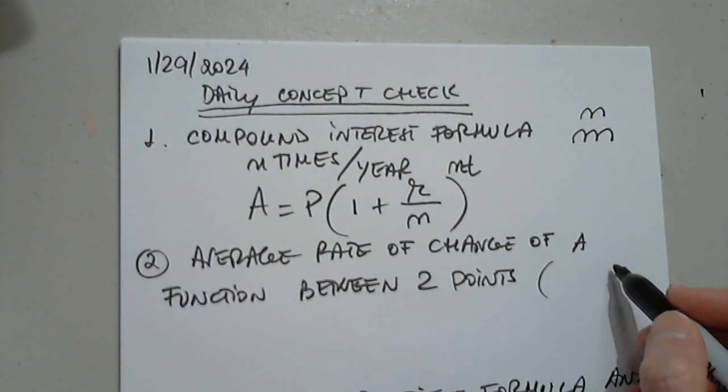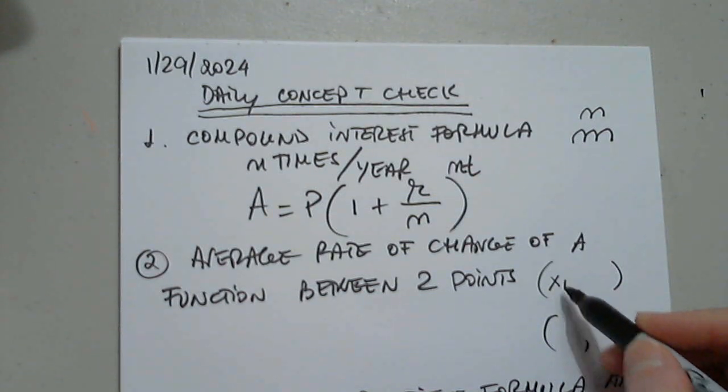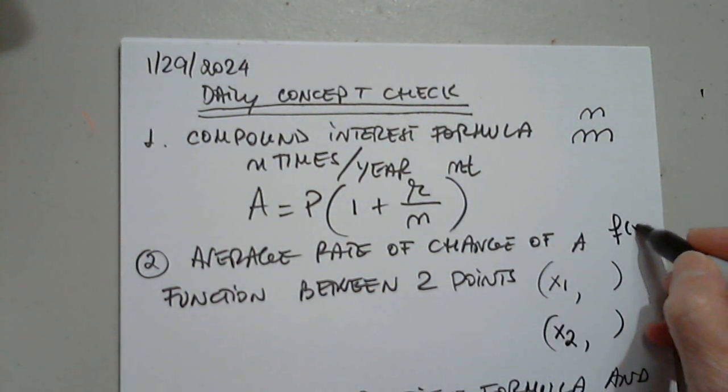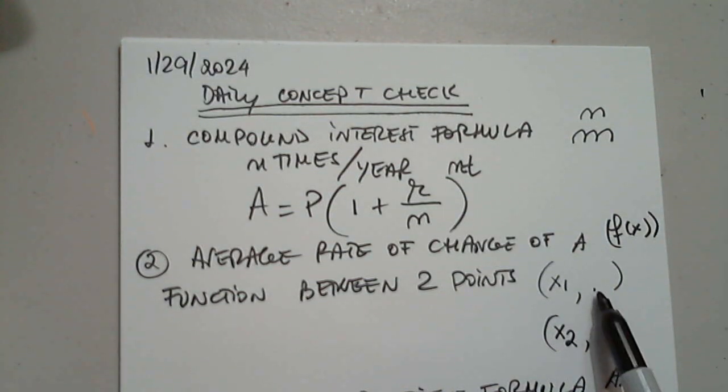What is the average rate of change of a function between 2 points? So can anyone give us 2 points, not numerical points? So let's say x1 and x2. And the function is denoted by f of x. So what is the y coordinate here, and what is the y coordinate here?